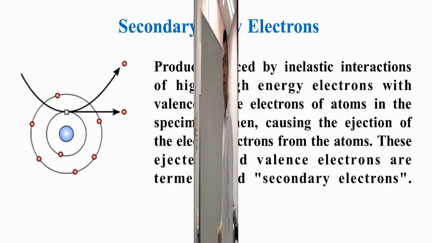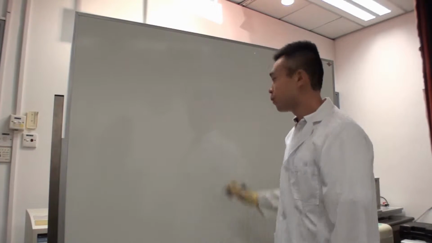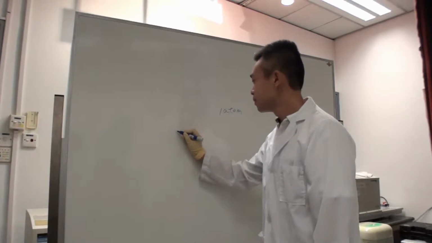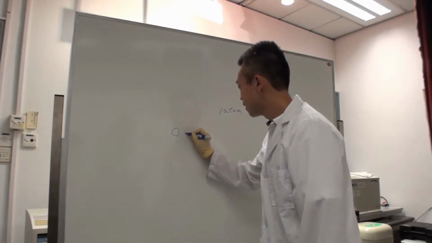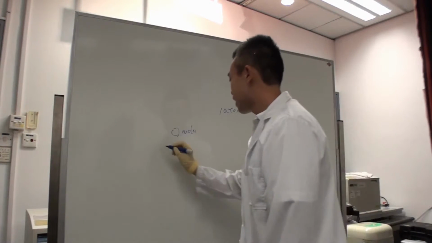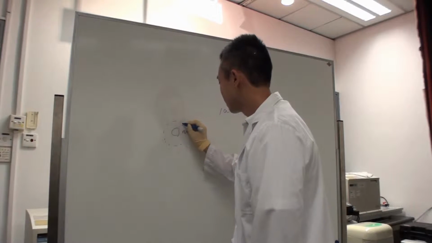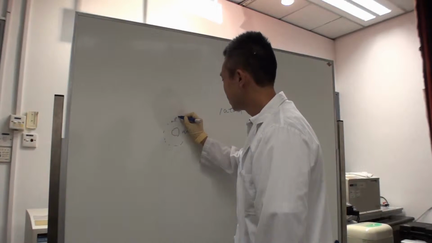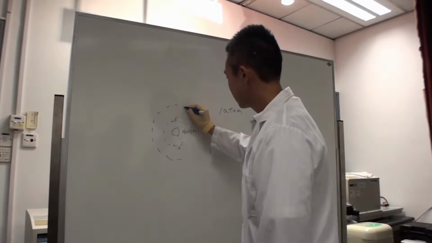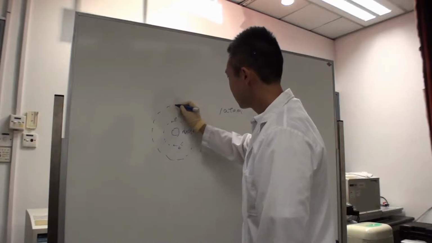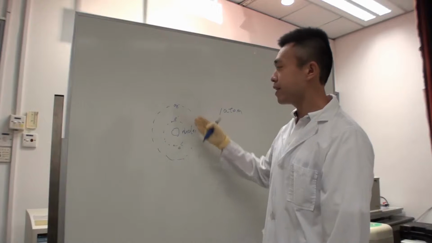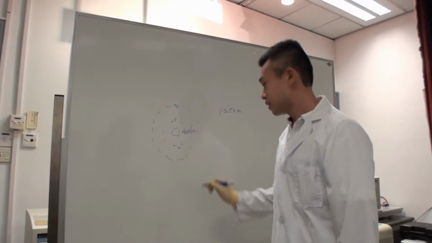Now, let's make it clear. As we all know, one atom consists of a nucleus and extranuclear electrons. This element, which has three extranuclear electrons, is Li.